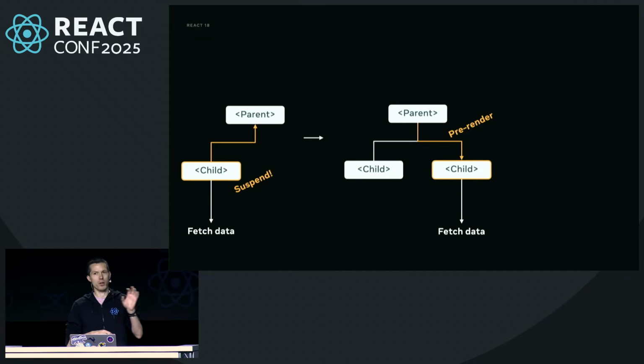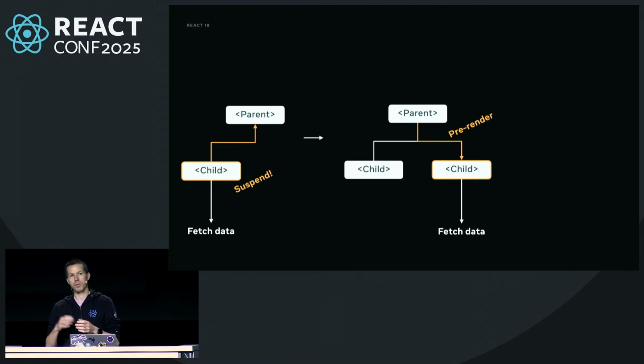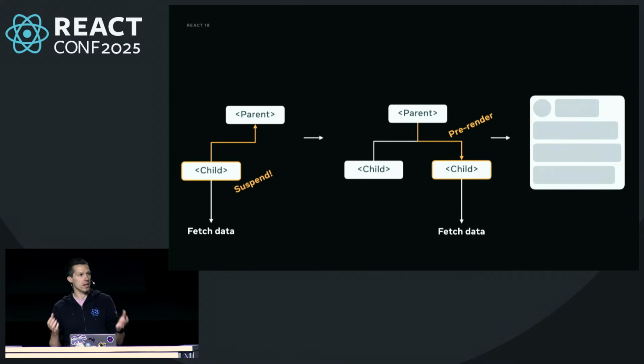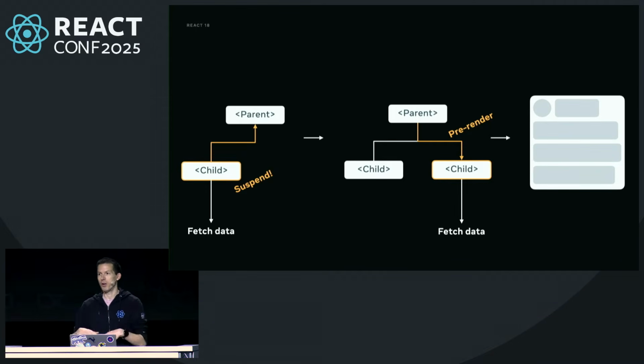Instead, it would continue trying to render the other children, which meant that if they were fetching data, those fetches could be kicked off early. And then at the end, we would finally show a fallback. So this meant that we were fetching more data early, which is good, but hurting the user experience by delaying the fallback. So for React 19, we wanted to show that fallback earlier.